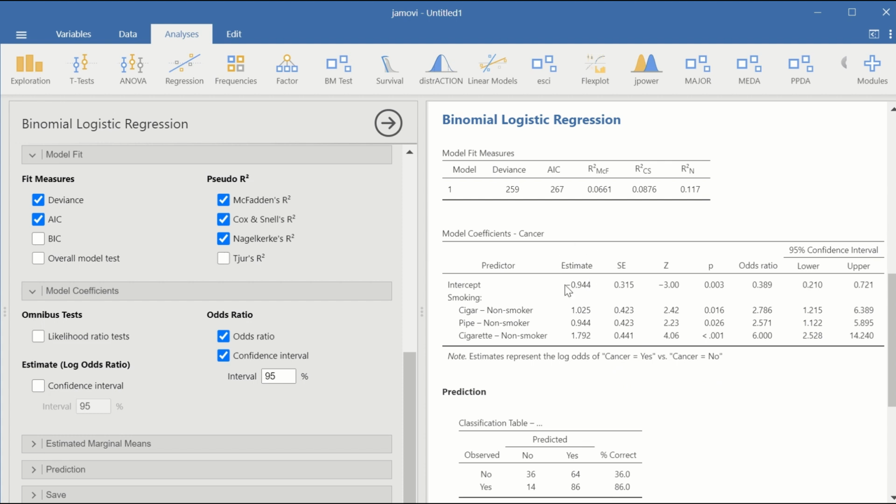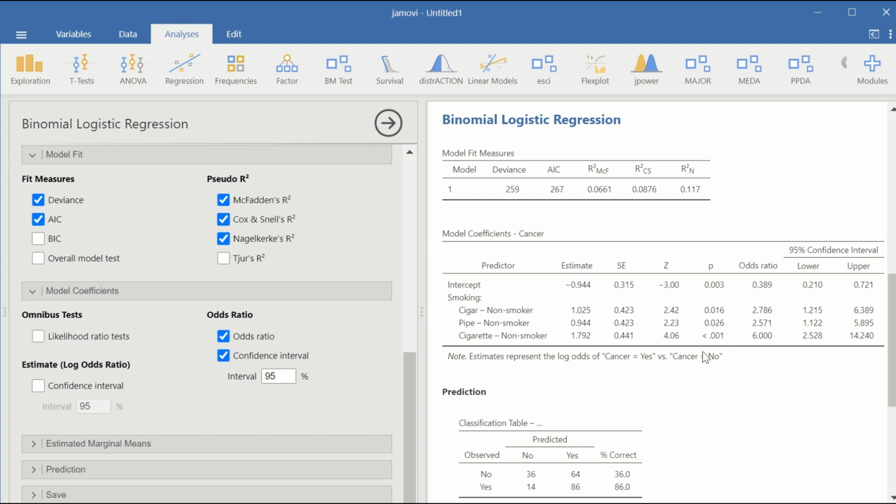The estimate is given for each output, which is the coefficient, the standard error, z-score, the p-value, the odds ratio, and the 95% confidence interval for the odds ratio. Here we have 2 ways to check the significance, the p-value and the 95% confidence interval. The p-value will be set at less than 0.05, and anything less than 0.05 is significant.